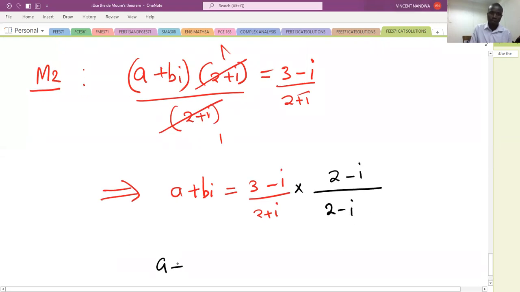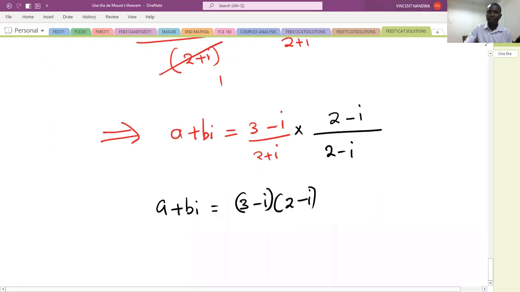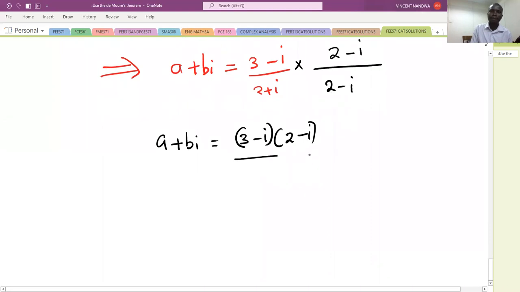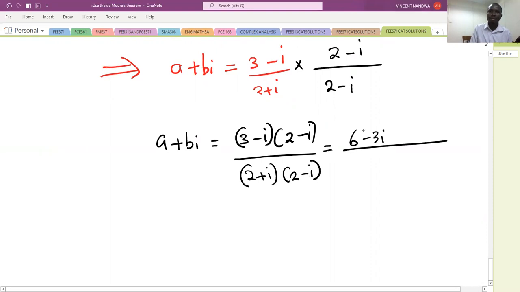So we'll have A plus BI equals 3 minus I multiplied by 2 minus I, divided by 2 plus I multiplied by 2 minus I. 3 by 2 is 6, 3 by minus I is -3I, minus I times 2 is minus 2I, minus minus is plus, I times I is I squared, so negative 1.